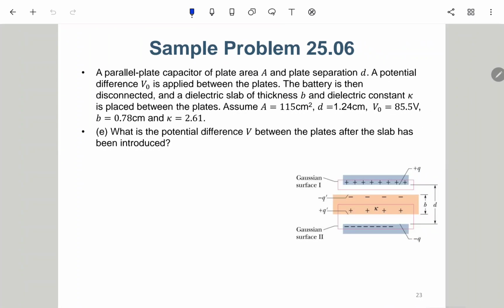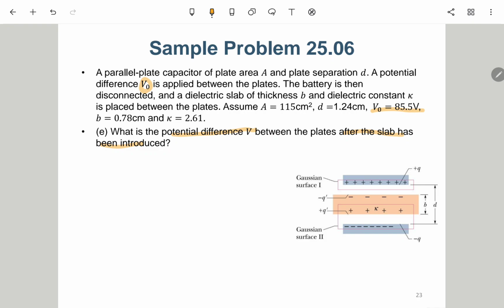So for part E, it asks you what is the potential difference V between the plates after the slab has been introduced. It only gives you the V0, which is the original potential difference, V0 equals 85.5 volt.